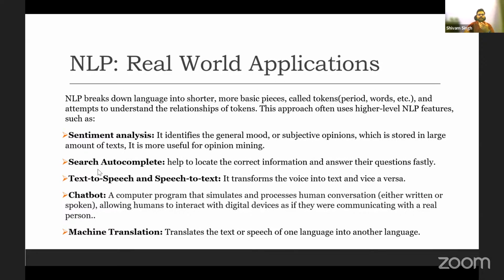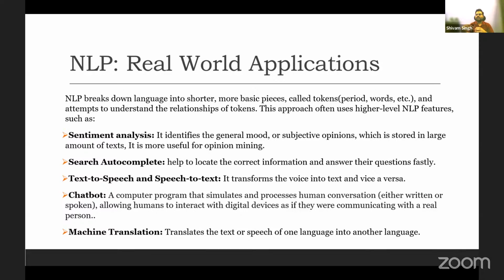Apart from this, there are so many applications like search autocomplete and search auto correction. We can all observe this whenever we are searching for anything on the Google search engine. It gives you options: if you write just one letter, it gives you recommendations that maybe you want to search for this particular thing.